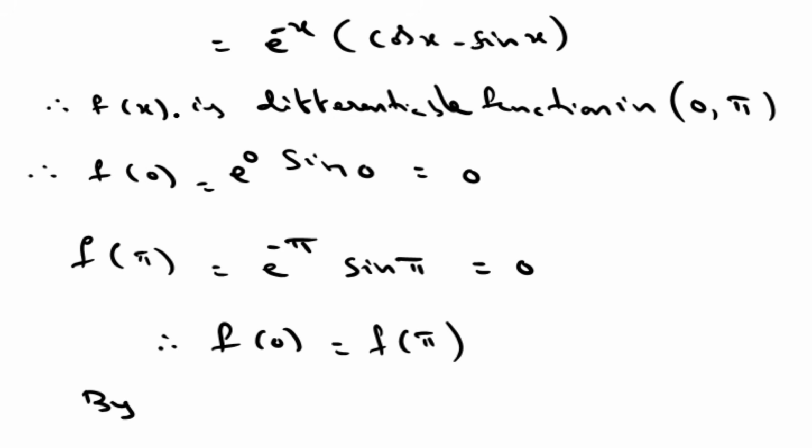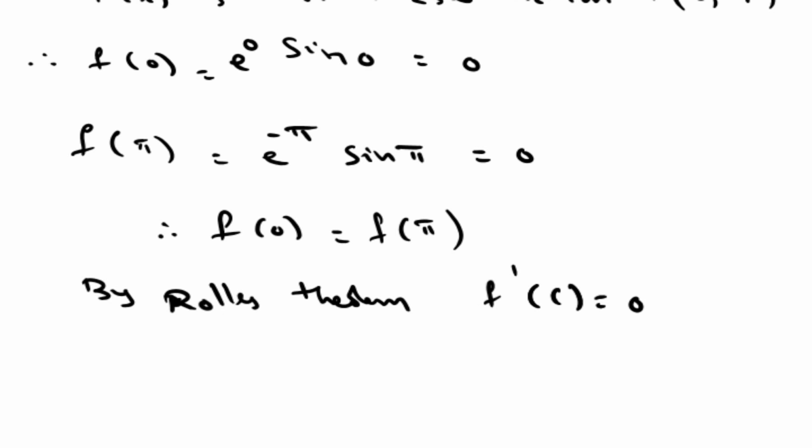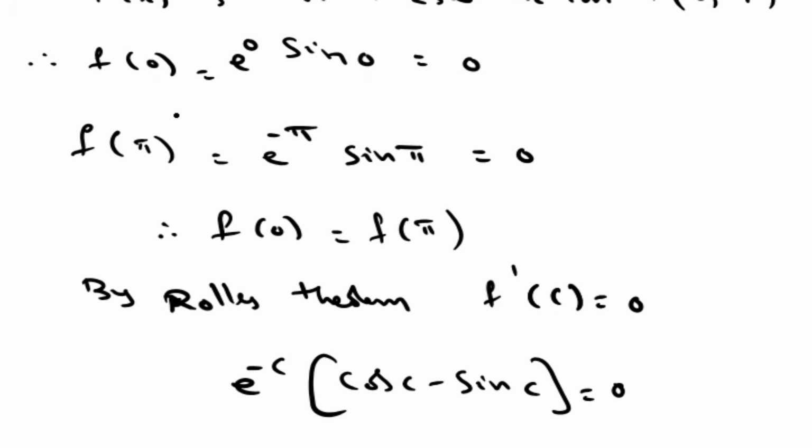By Rolle's theorem, f dash of c is equal to 0. Therefore, e power minus c into (cos c minus sin c) is equal to 0.